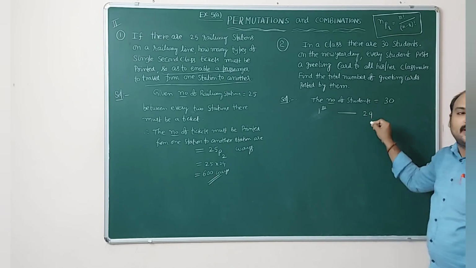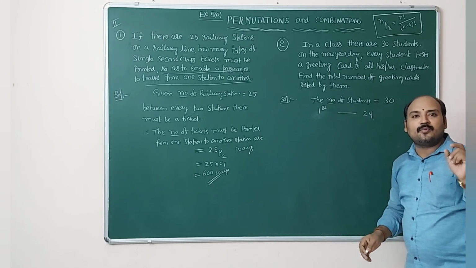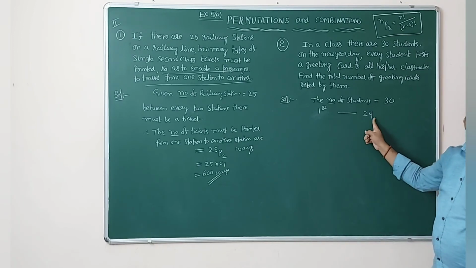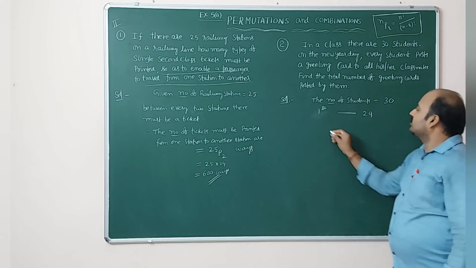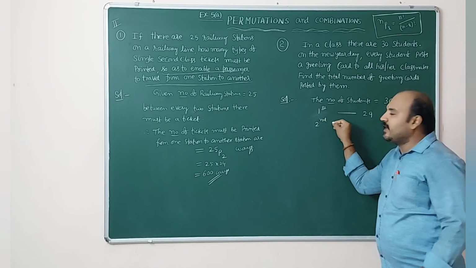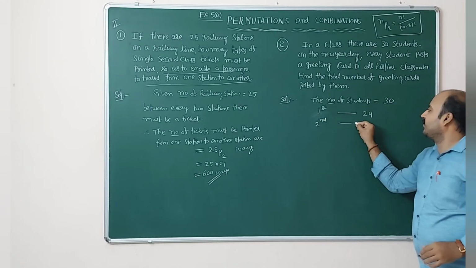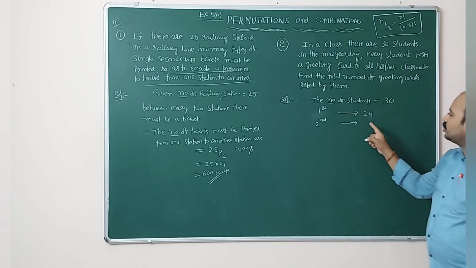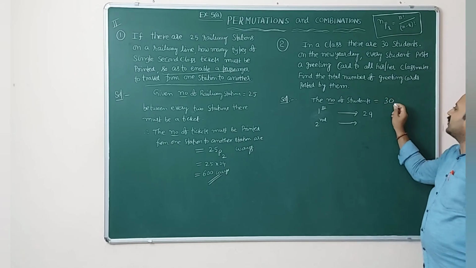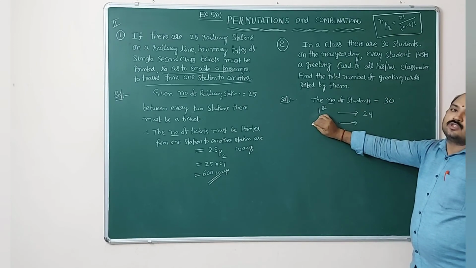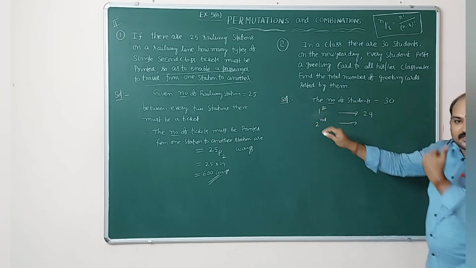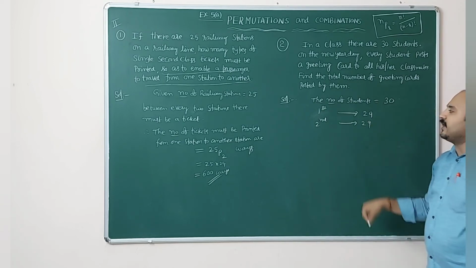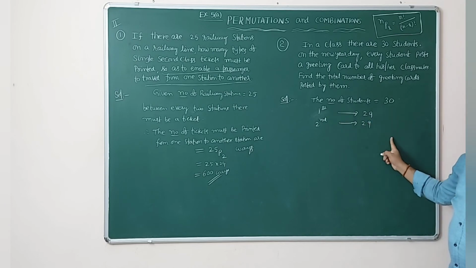So similarly, if you take the second student, he has to post the greeting card to the rest of the students. Out of 30, the second student we are taking, so the first student and the rest of the 28 students, total 29. Again he has to post the greeting card to 29 students.